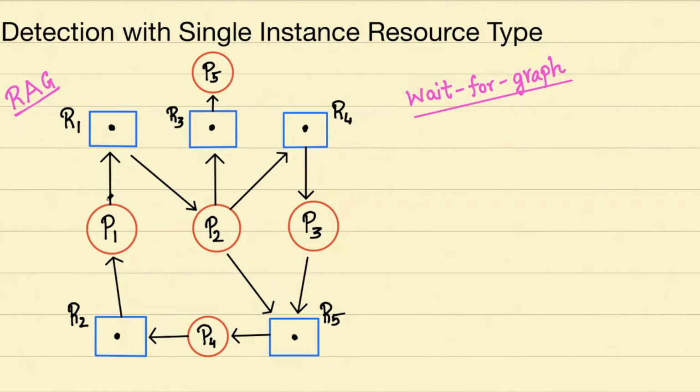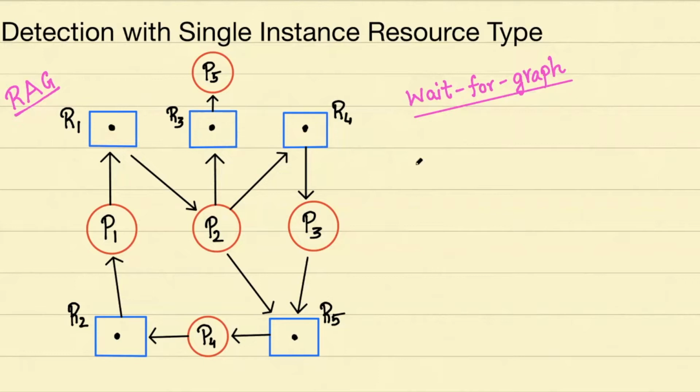We will convert the resource allocation graph to wait for graph. This mechanism we have seen in the previous videos, right? How to convert a resource allocation graph to the wait for graph we have seen in part 1 video. So kindly refer to that for better understanding. So here we will see how to convert a resource allocation graph to wait for graph.